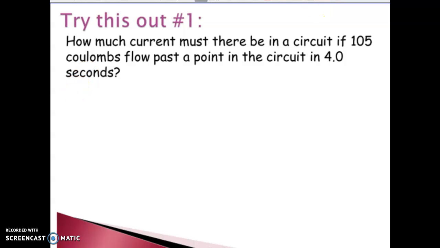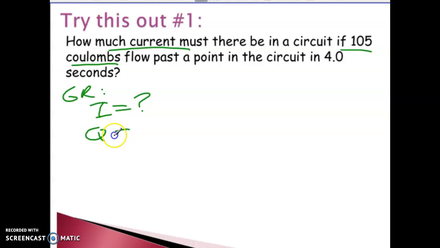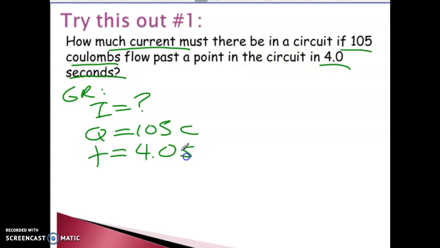Okay, so how much current, so we're looking for current, must there be in a circuit if 105 coulombs, so our charge is 105, flow past a point in the circuit in 4 seconds. So our time is 4.0 seconds. Actually the units were already in the correct amounts for this particular question.